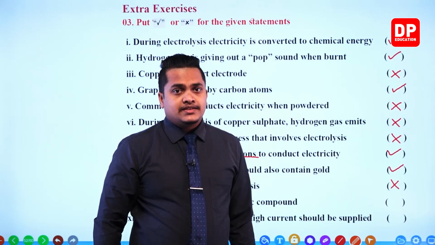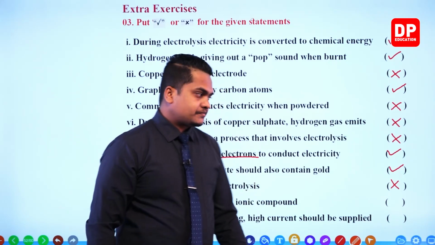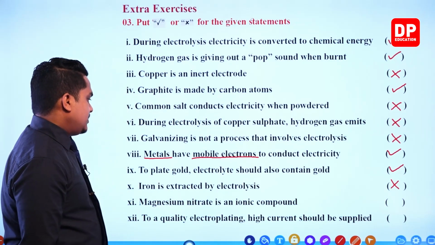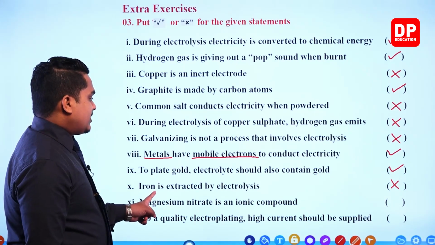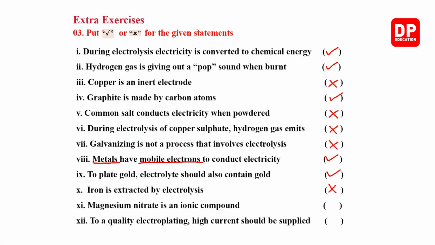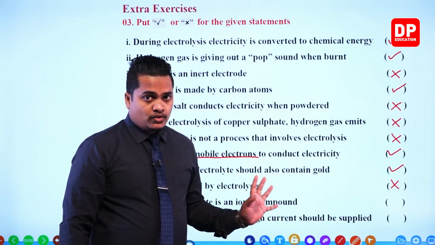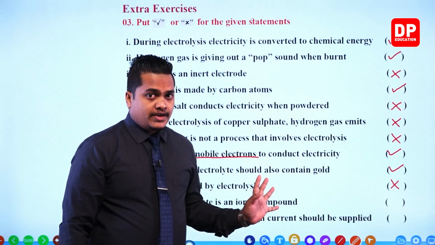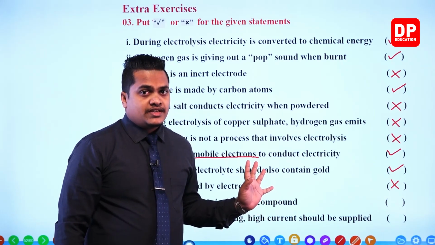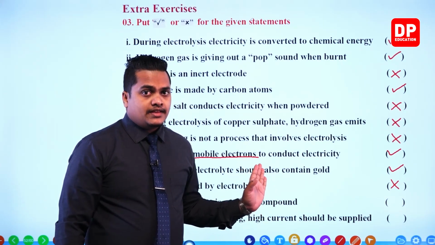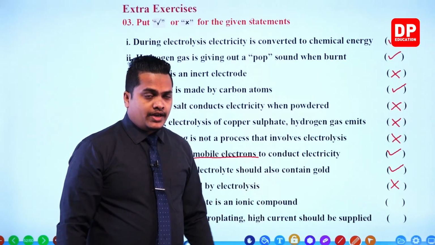You will learn these things in the next grade. So what are the metals extracted by electrolysis? Sodium, aluminium, calcium, magnesium are extracted by electrolysis because they are more reactive than other metals like iron.